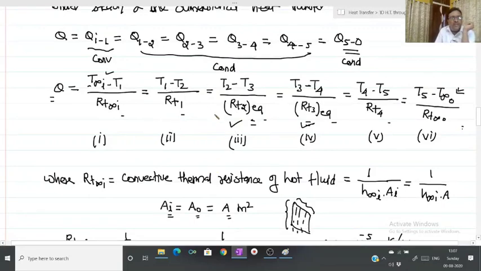If I use equation number 2, Q is known to me, T1 is known to me, RT1 is known to me, so I can calculate T2. Similarly, after calculating T2, if I refer equation number 3, T2 will be known to me, RT2 equivalent is known to me, I can calculate T3. After calculating T3, if I use equation number 4, T3 will be known to me, RT3 equivalent is known to me, I can calculate T4.